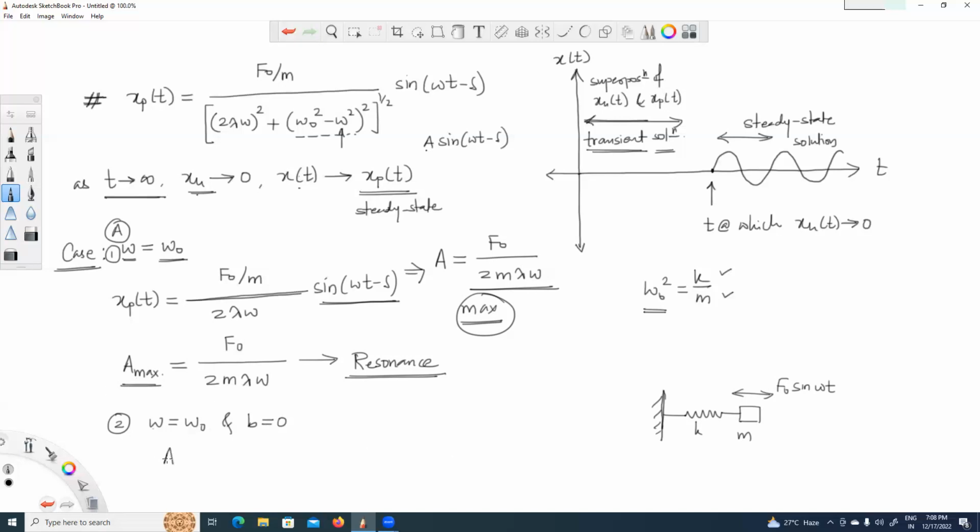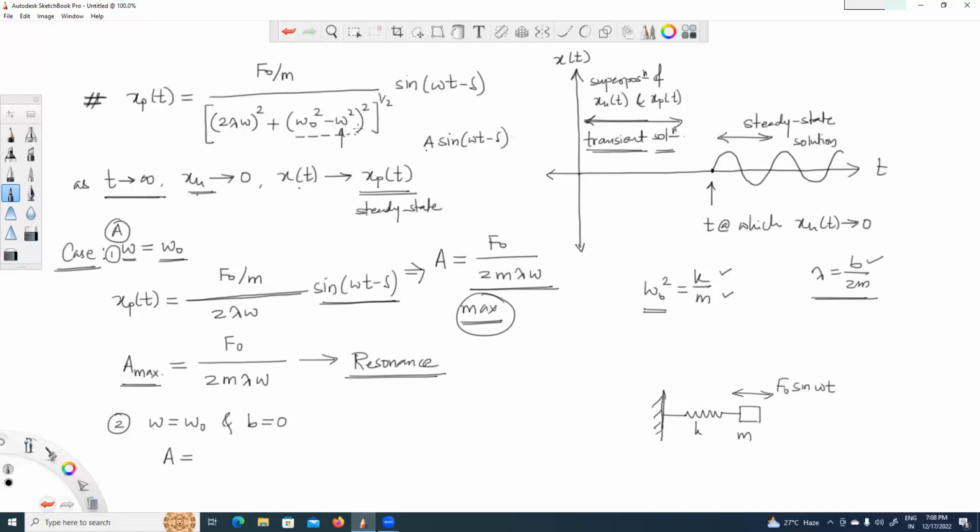So what would be the amplitude of these vibrations? Look at this particular expression. Omega is omega naught, so this term is going to vanish. Now lambda is B over 2m. My damping B is 0, that's why lambda will be 0. If my lambda is 0, the denominator will vanish.